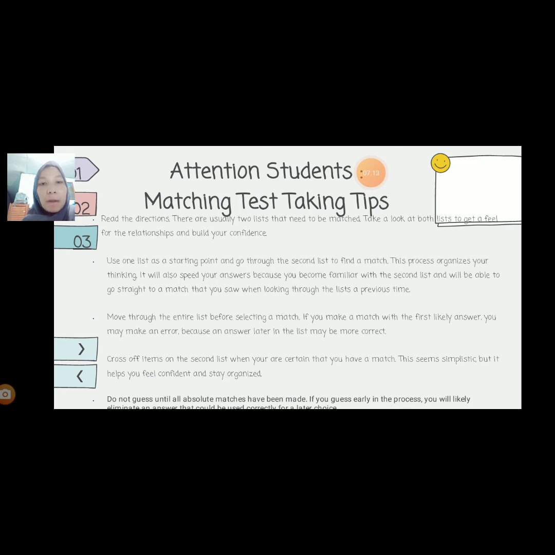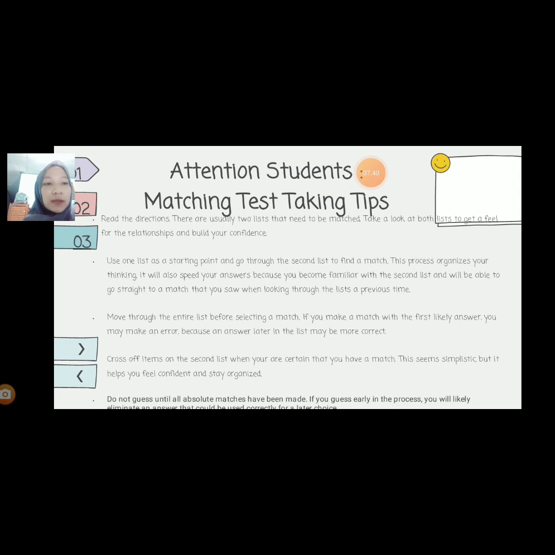Then read the entire list before selecting a match. If you make a match with the first likely answer, you may make an error because an answer later in the list may be more correct. Cross off items on the second list when you are certain that you have a match.